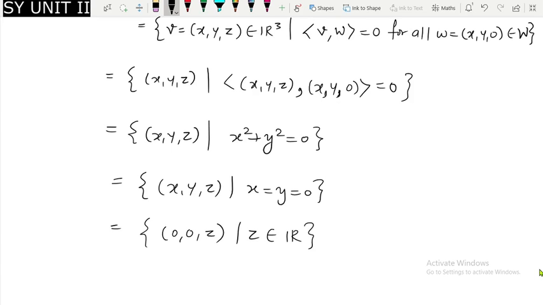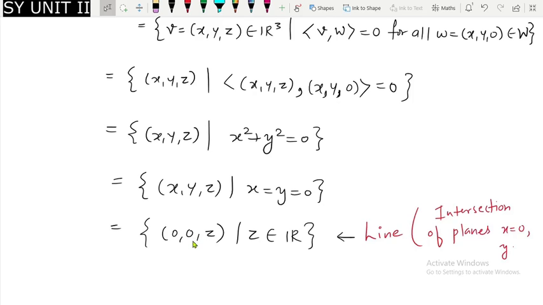So geometrically, what is it? Geometrically it is a line. Okay, keep it in mind. We got it to be a line because the x coordinate and y coordinate both are 0. So actually it is an intersection of two planes, not lines. It is the intersection of the planes x is equal to 0 and y is equal to 0.